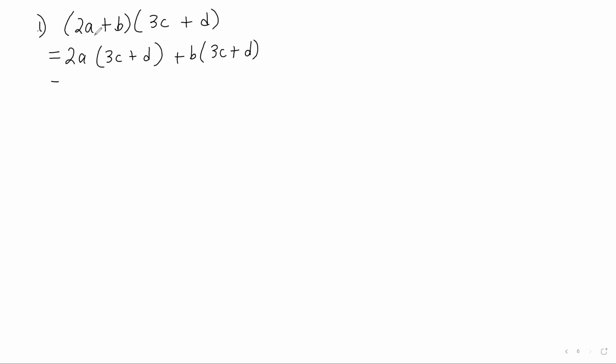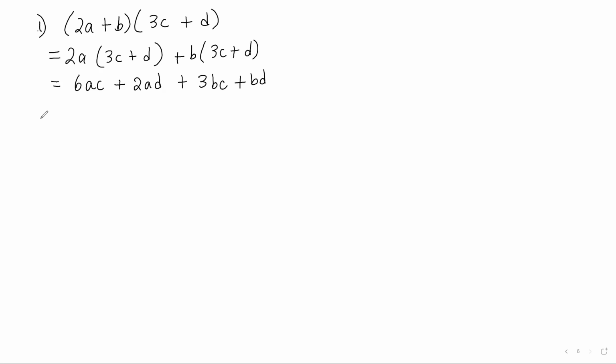So working this out, 2a times 3c will be 6ac. And 2a times d is 2ad. And then you have b times c, so that's 3bc. B times d, which is bd. There are no like terms here, so it cannot be further simplified.